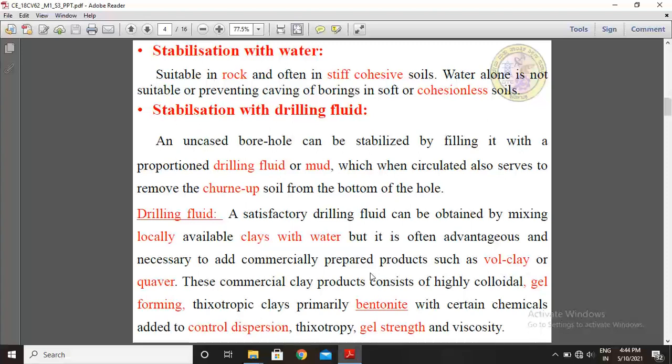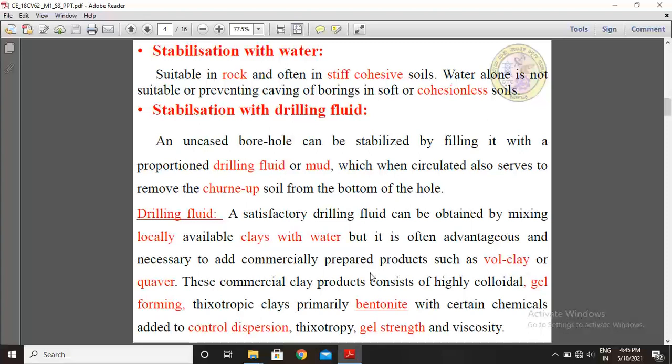A satisfactory drilling fluid can be obtained by mixing locally available clays with water, but it is often advantageous and necessary to add commercially prepared products.